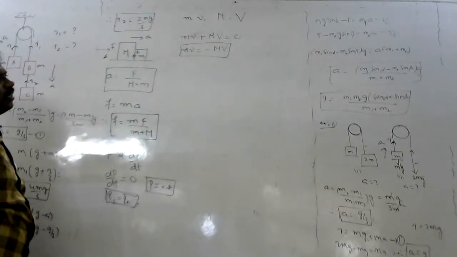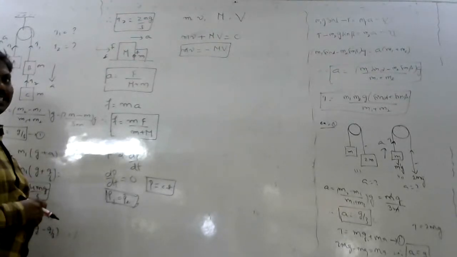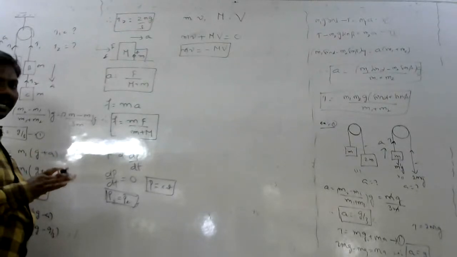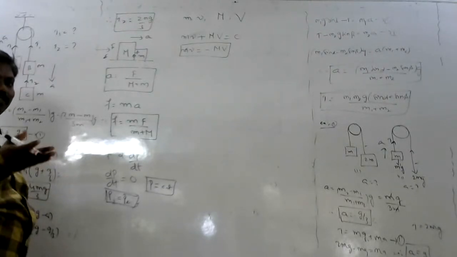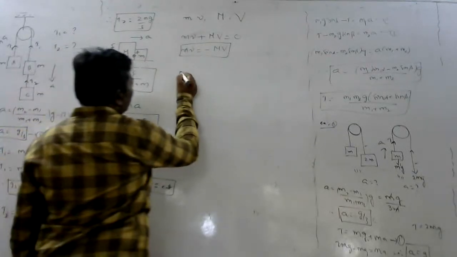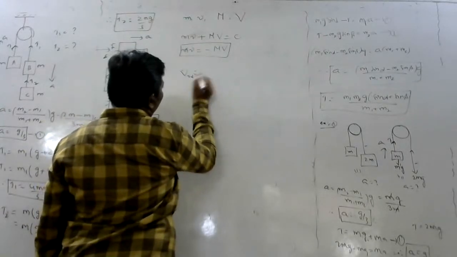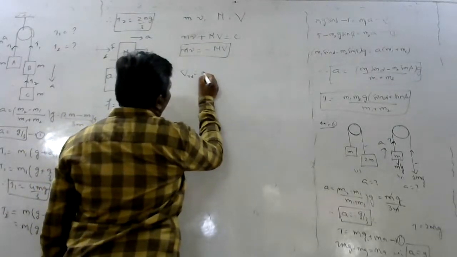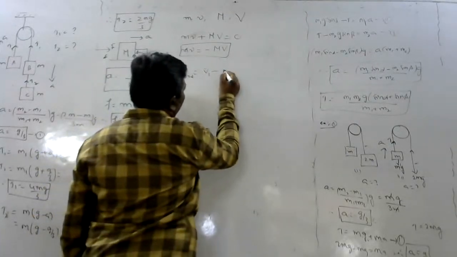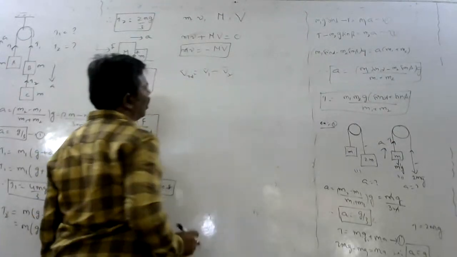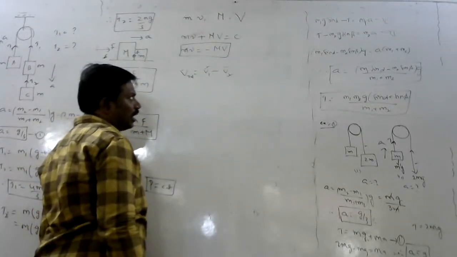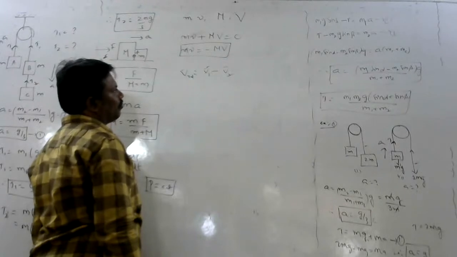In that case, we have relative velocities. Find the velocity of bullet relative to gun. Here, relative velocity V relative is equal to V1 bar minus V2 bar, if we consider V1 as the velocity of bullet and V2 as the velocity of gun.